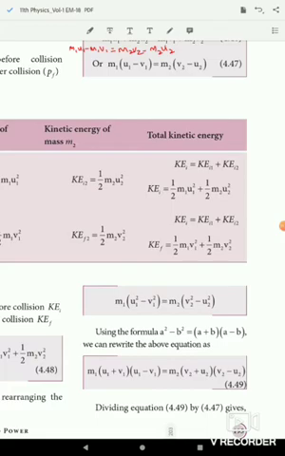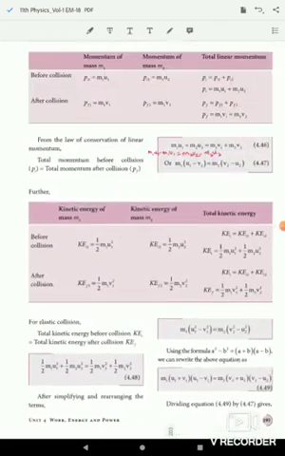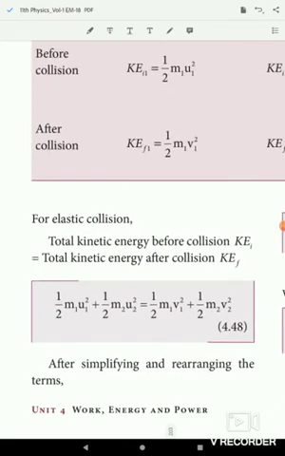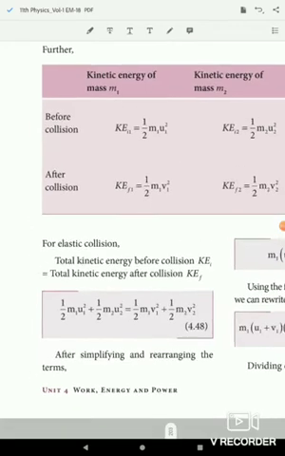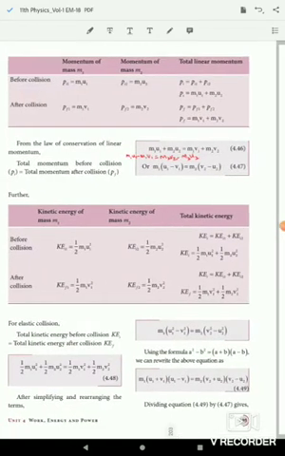For elastic collision, the total kinetic energy before collision equals the total kinetic energy after collision. So you write the equation: half m1u1 square plus half m2u2 square equal to half m1v1 square plus half m2v2 square. Half cancels.